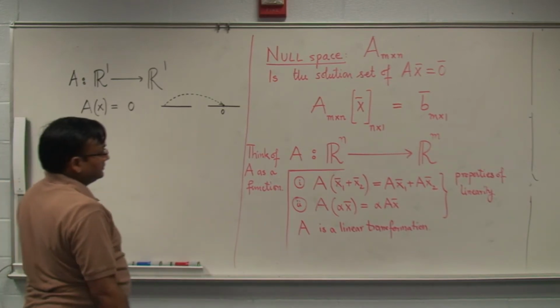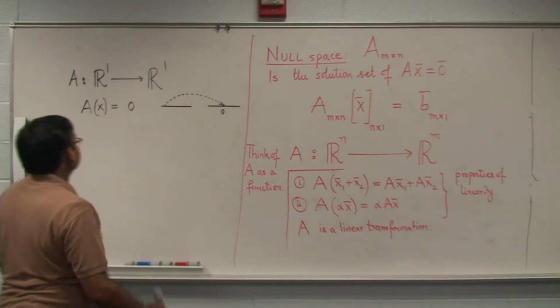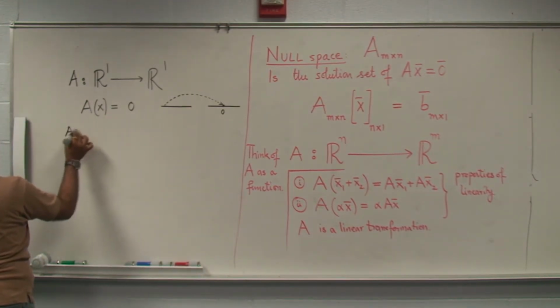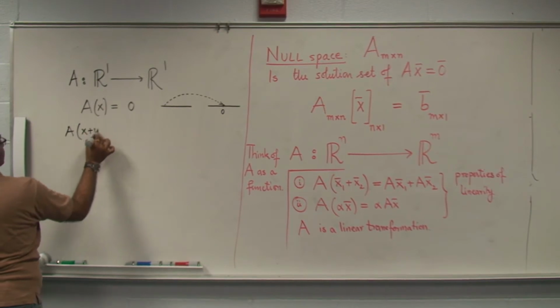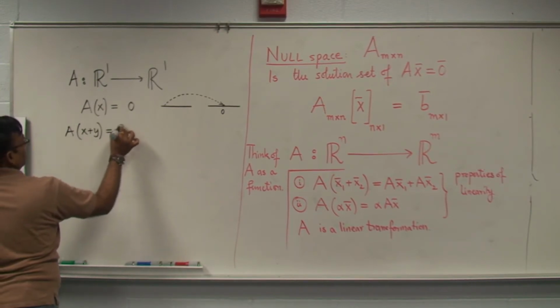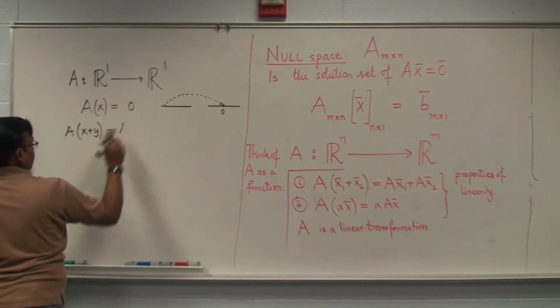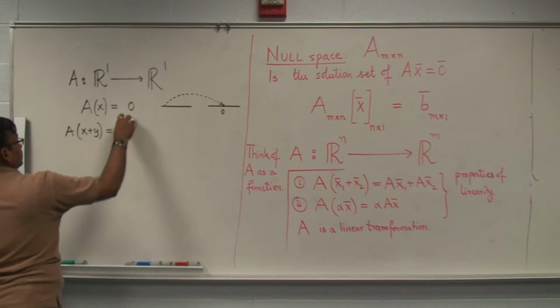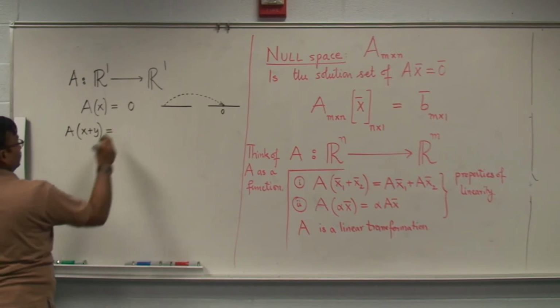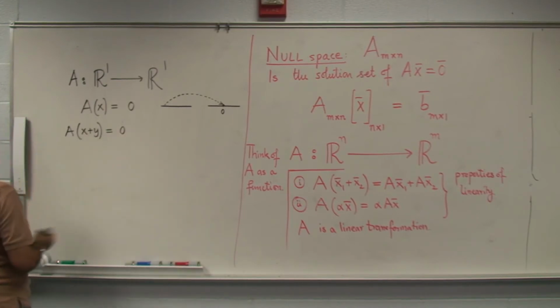Is it linear? Well, you can check through the definitions and see what happens. If I pick two numbers x and y, then this gets mapped to 0, because everything is getting mapped to 0.